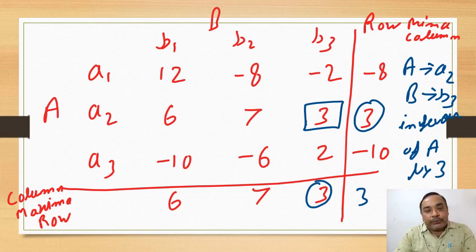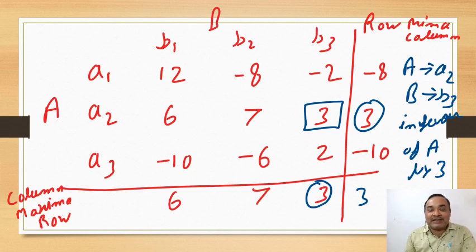In this matrix, 12 denotes that if A goes for A1 and B goes for B1, then the result will be in favor of A, because this value is positive, by 12. Any positive value is the gain of the row player and any negative value is the gain of the column player. For instance, this minus 8 denotes that when A goes for A1 and B goes for B2, the game will be in favor of B by 8.